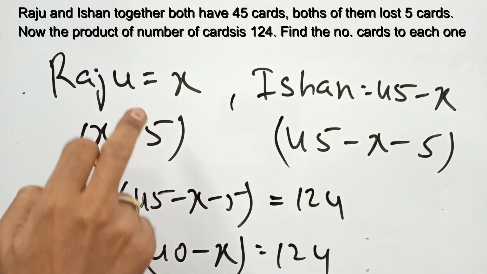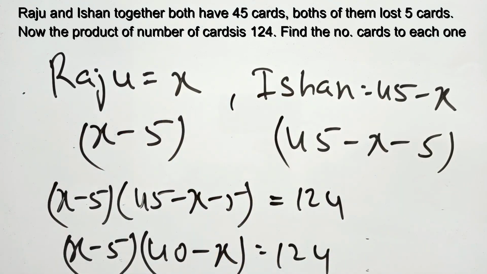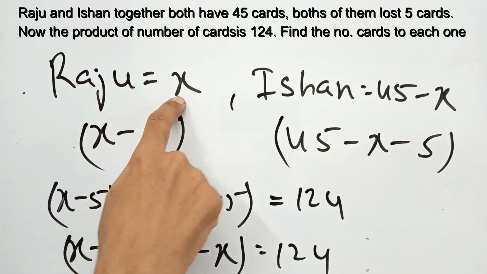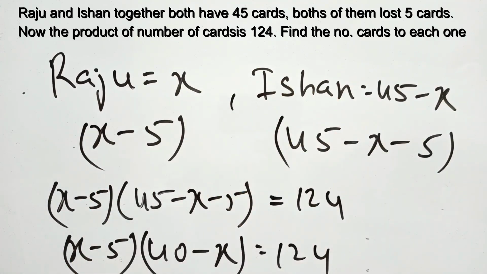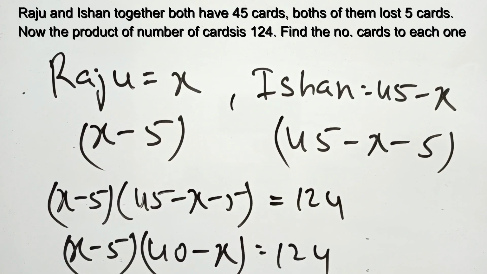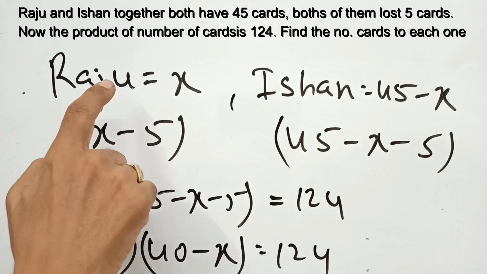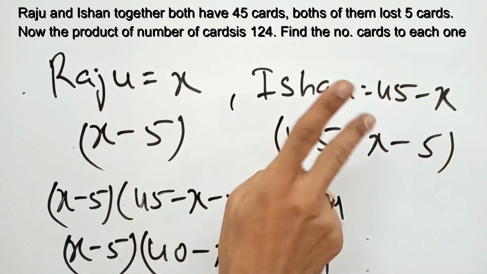So I hope you understood. Initially Raju has x and Ishan has 45 minus x, because the sum of the cards is 45.